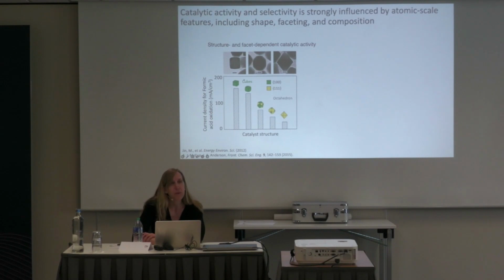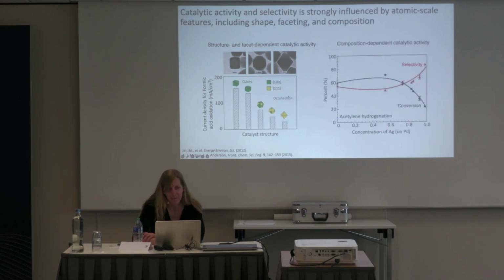If you have a cubic nanoparticle, in this particular case, you wind up getting the highest catalytic activity for this particular reaction. If you have an octahedral nanoparticle here, even though it has the same number of faces, because you have that 111 termination instead of the 100 termination, you get much lower catalytic activity.